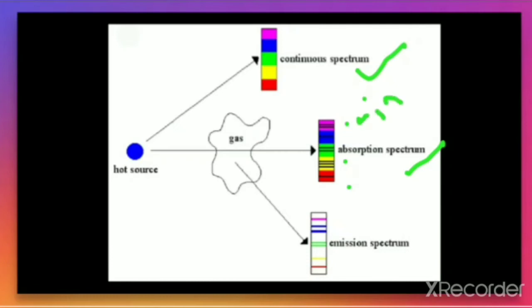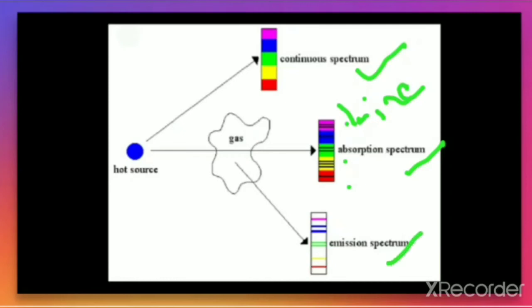L-I-N-E, line spectrum. Similarly, in the emission spectrum also, we can find lines or a series of colors. Therefore, the emission spectrum is also a line spectrum.